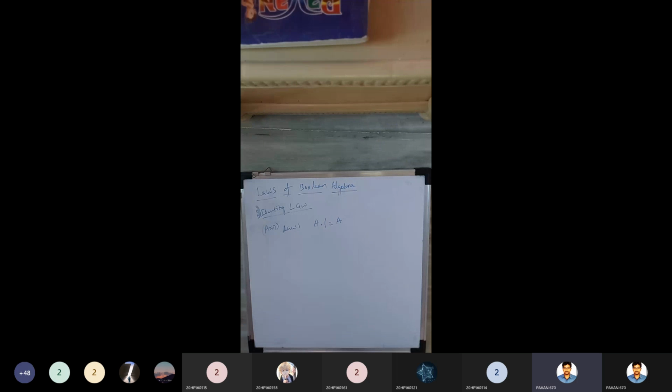These laws are basically derived from the truth tables of those basic logic gates.